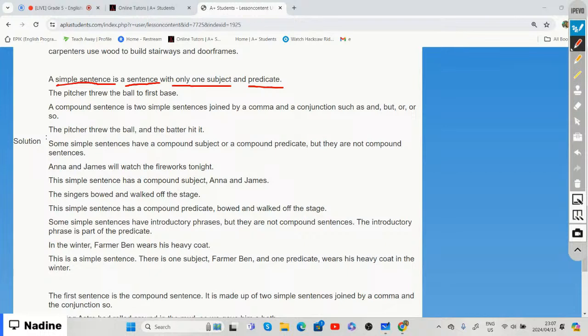If we look at that sentence, the pitcher threw the ball to first base, then our subject is the pitcher. And then our predicate is, you can either say threw, or we can say threw the ball to first base.